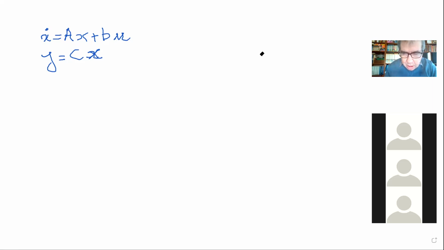Don't forget that, because otherwise there is another term. So remember this: the definition of transfer function is the quotient of the Laplace transforms of the output and of the input, but with zero initial conditions.